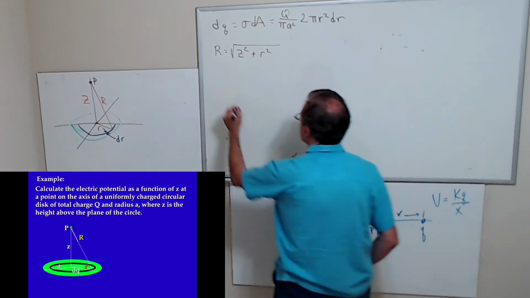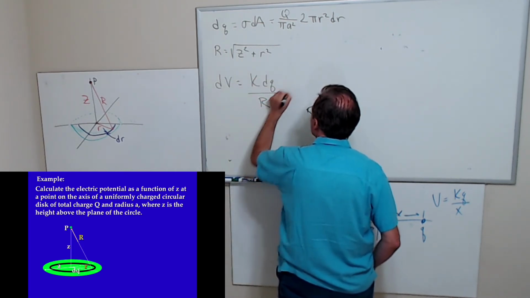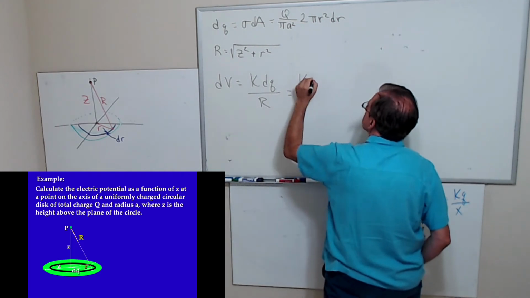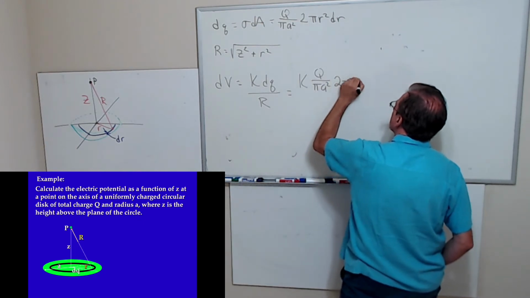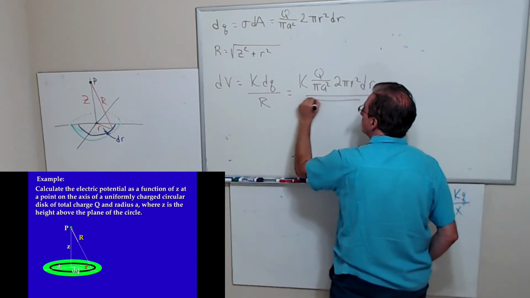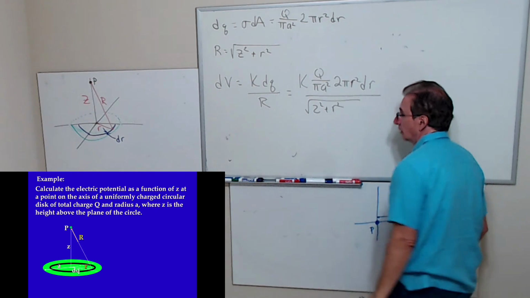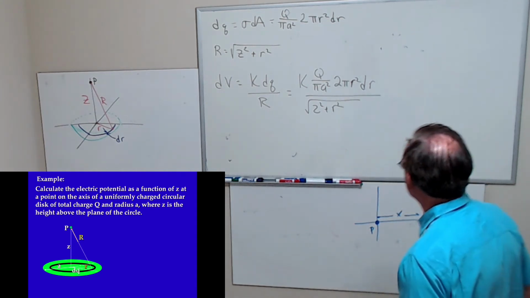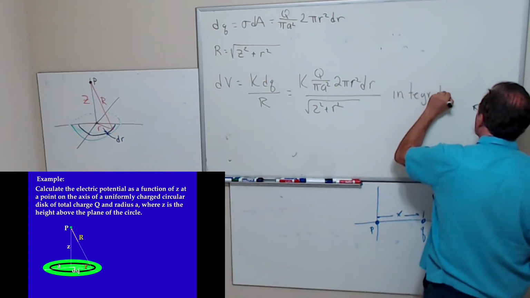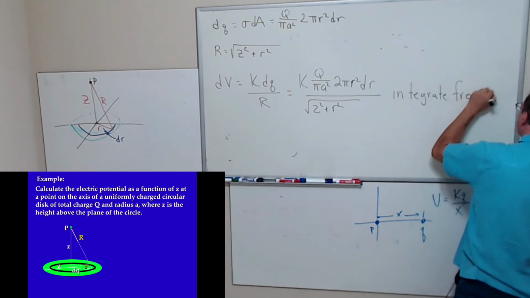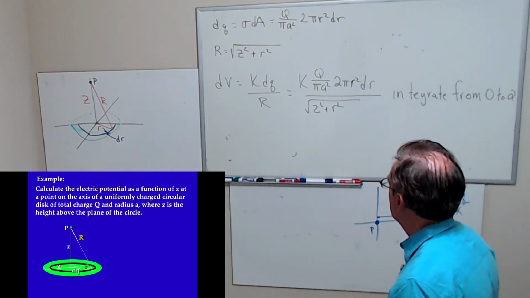So now our dV is going to be k dq over big R, and that's going to be k times Q over pi a squared, times 2 pi r squared dr over the square root of c squared plus r squared. So all I have to do is integrate from 0 to a over all such rings, and that's it.